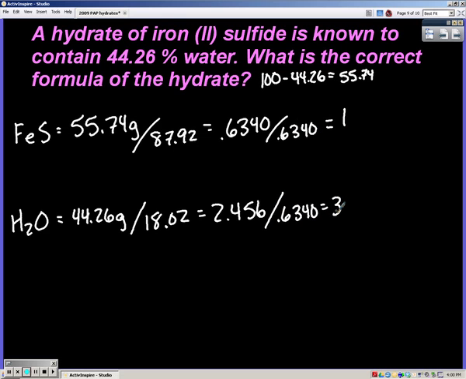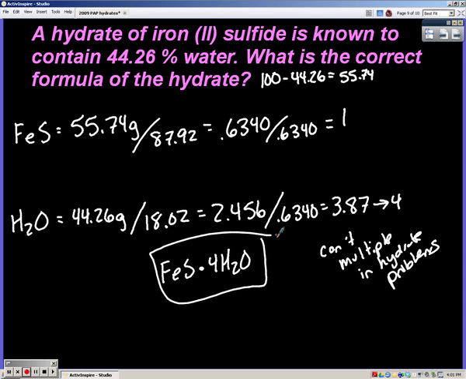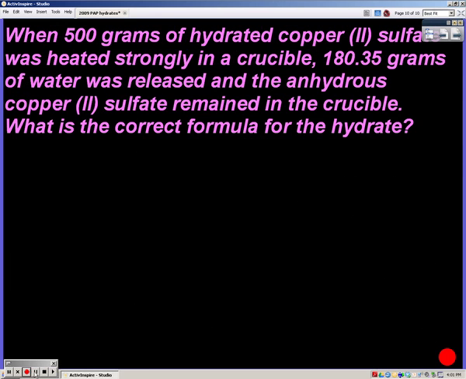And we get 1 and 3.87. But again, you will not multiply, so that rounds to 4. You may want to make note that you can't multiply in hydrate problems. So our formula is FeS and then 4H2O, or iron 2 sulfide tetrahydrate.